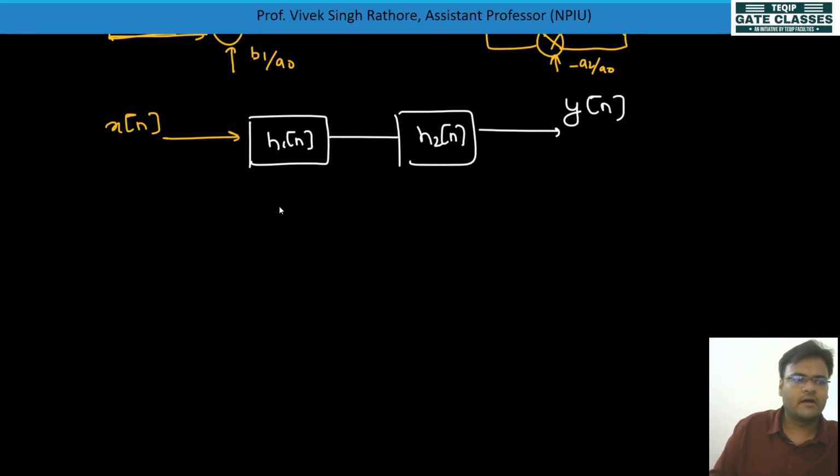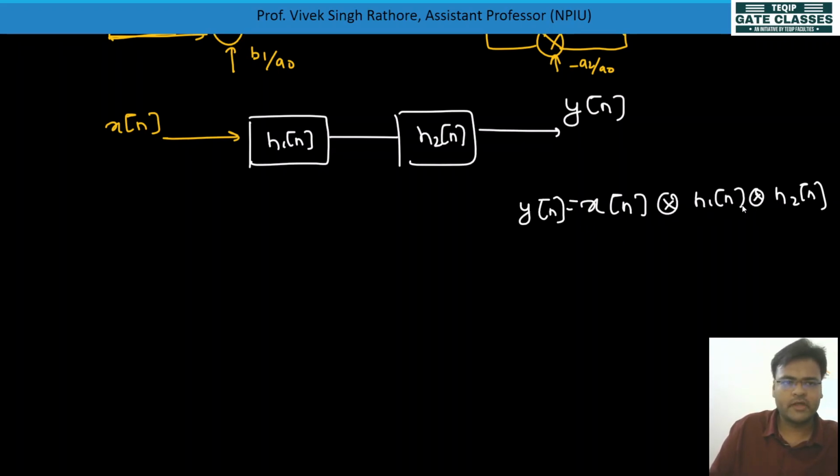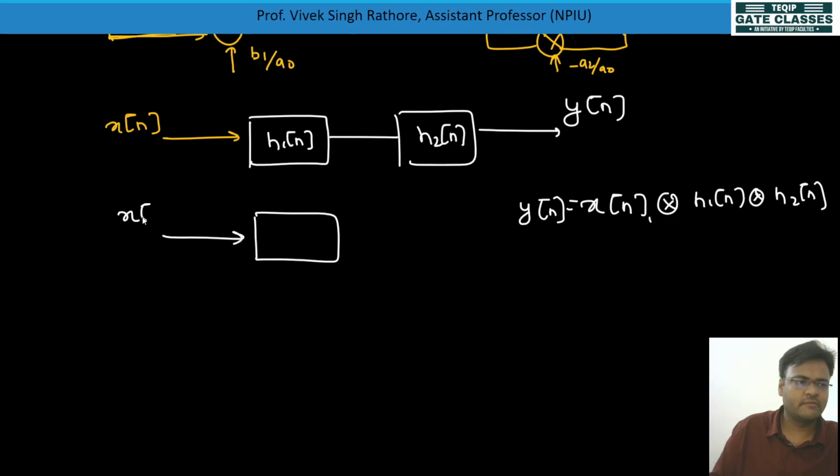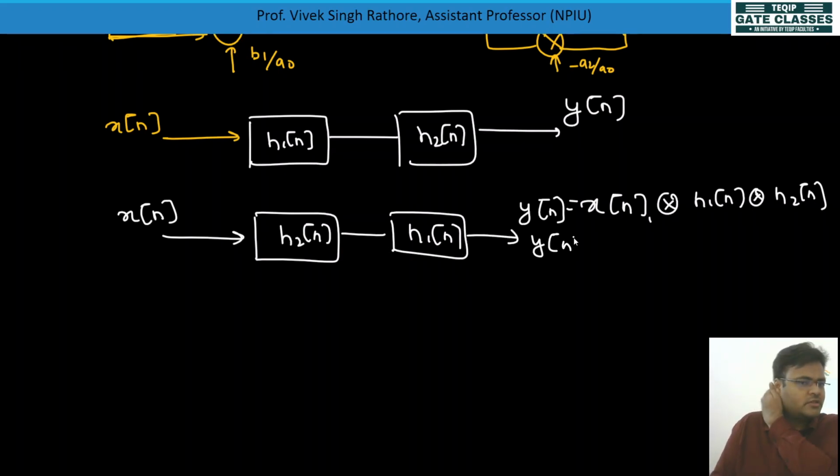So x of n convolved with h1 of n convolved with h2 of n will be the output. According to the commutative property, the order can be interchanged. So we can also write x of n with h2 of n convolved with h1 of n, and then we get the same output. So this can be interchanged.